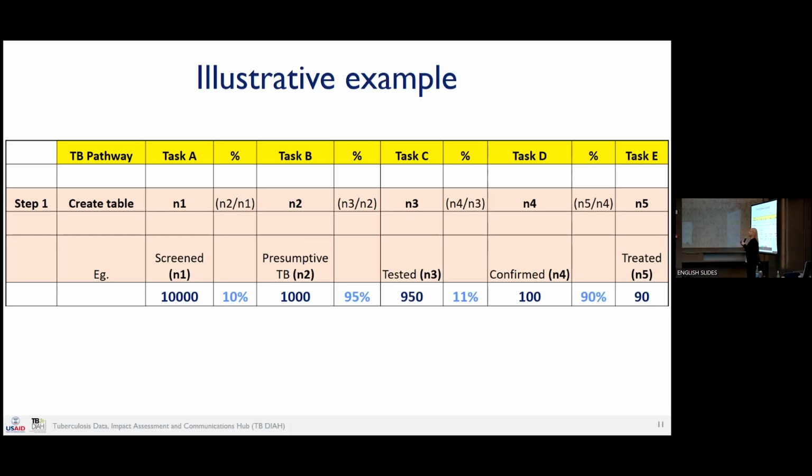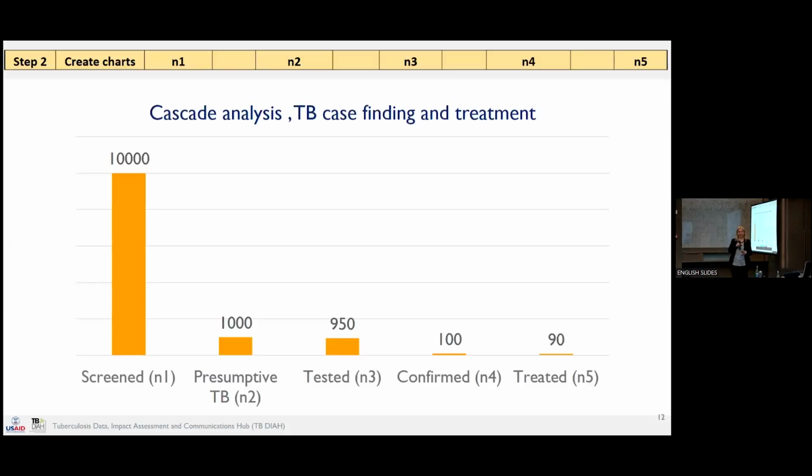Out of them, further testing was passed by 95%, which is 950 people. Out of them, confirmed TB was in hundreds of them, it is 11%, and not all of them, only 90%, started treatment. So this is roughly the example that we've seen in a diagram, and this is what it would look like as a chart.